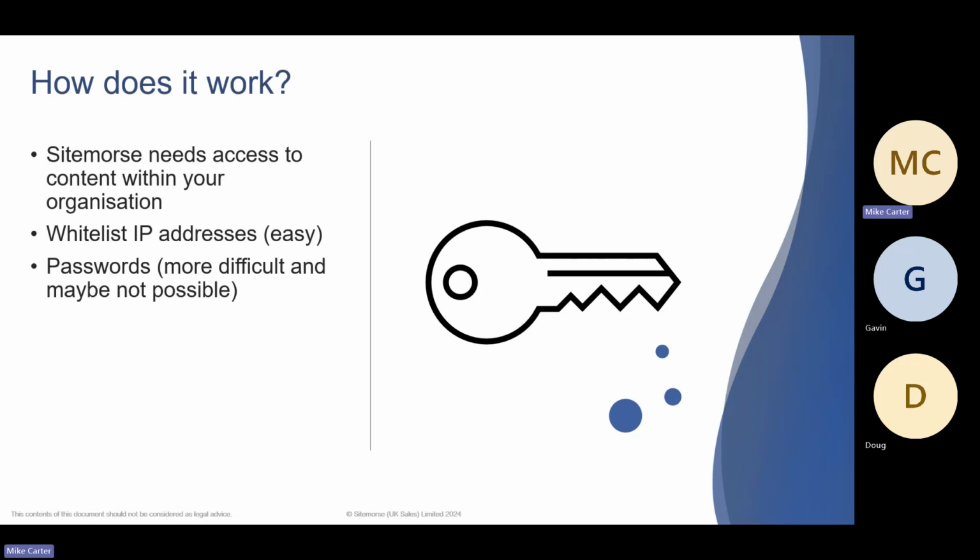To go a little bit further along, sometimes it's possible to access this information using passwords. If it's basic authentication, that's easy enough. We can include that in all the traffic and then get through to have a look at your content. But say, for example, it's something like a real login form where you have to set up a fake user of your intranet so that we can come in and have a look at that.